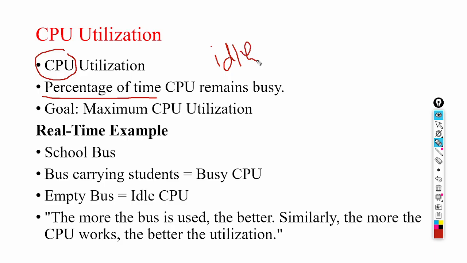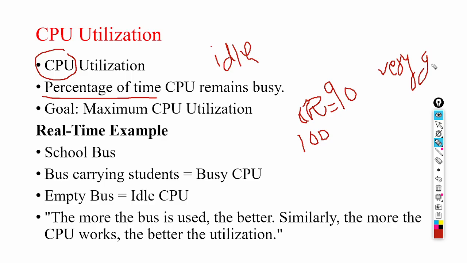For example, suppose a CPU works for 90 minutes out of 100 minutes. This is considered very good. The CPU utilization here is very good.